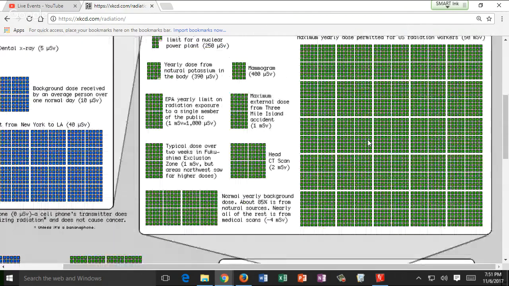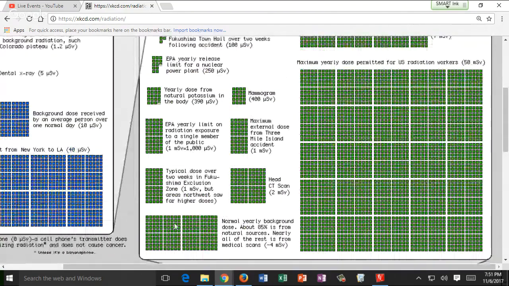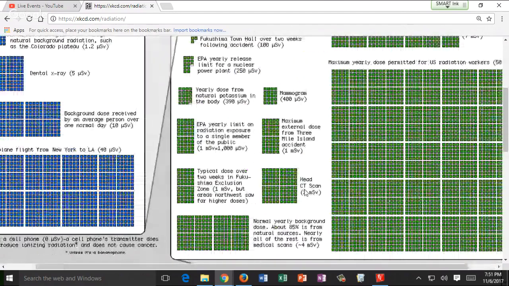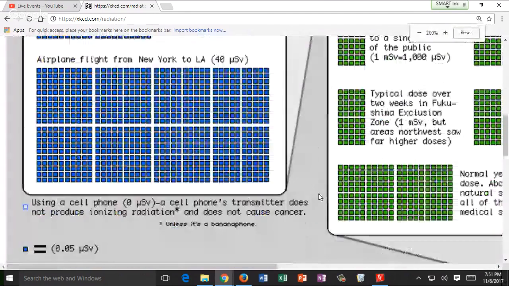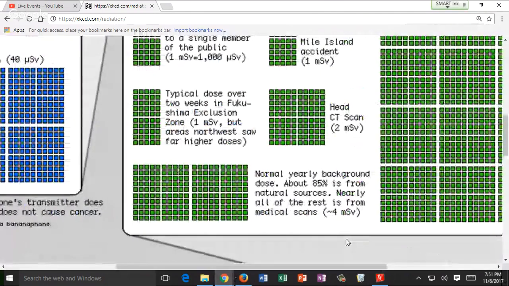Here is our normal yearly background dose. So I don't know if you know this, but we're all getting irradiated by radiation all the time. It comes from radioactive elements in the ground, building materials. Buildings are made from bricks, right? Bricks have rocks and stuff in them.